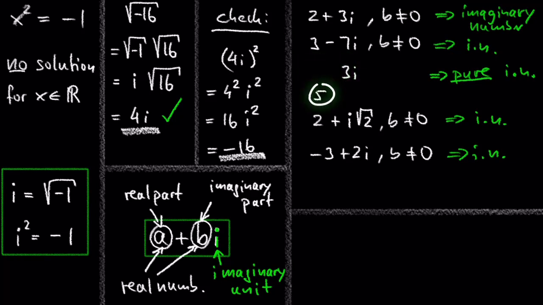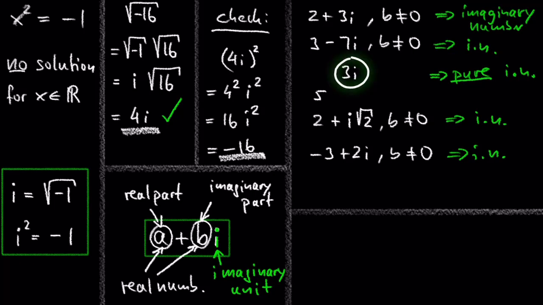And in this example, a, the real part is 5, and b, the imaginary part is 0. Again, can you see that b in these examples is not 0? And because of that, these complex numbers are imaginary numbers.